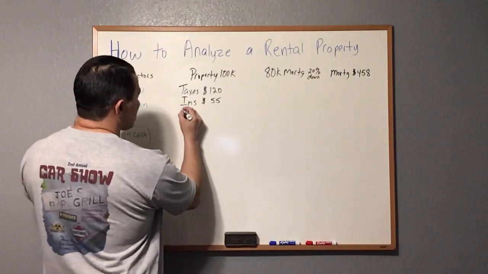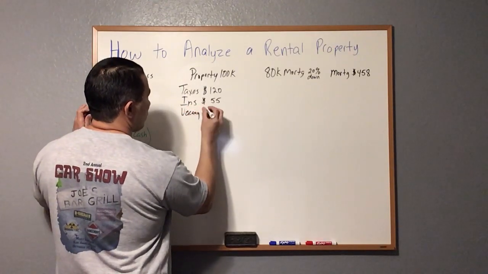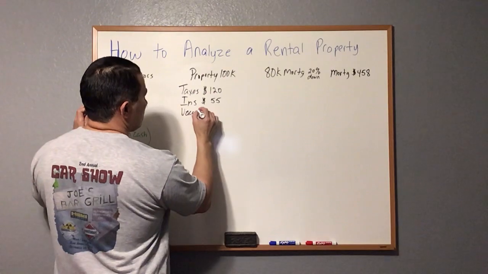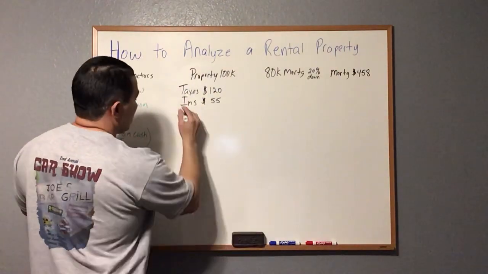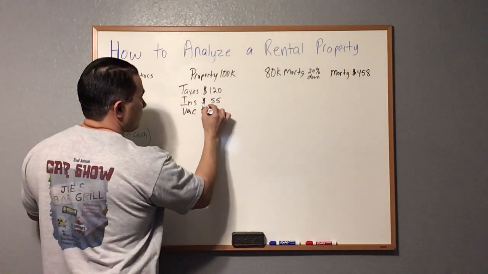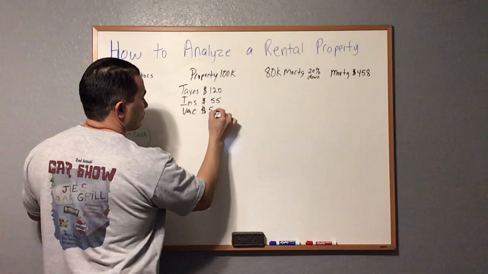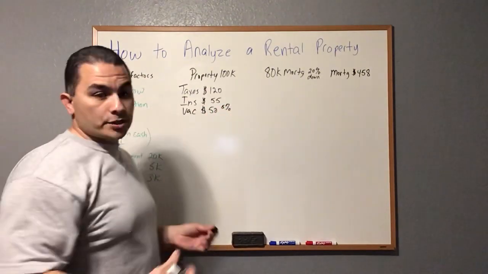So your vacancy. Your vacancy is what you're going to put away. I misspelled that. Ain't that something? Your vacancy is something you're going to put away, which is 5%, which is $50. You want 5% on your vacancy.